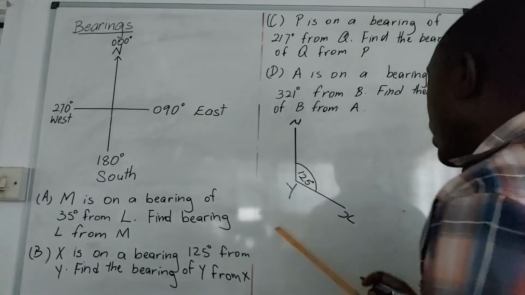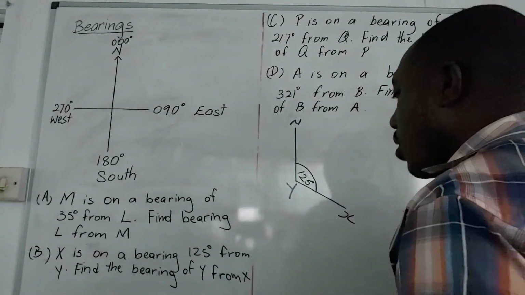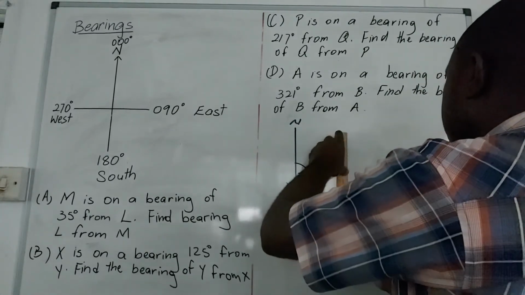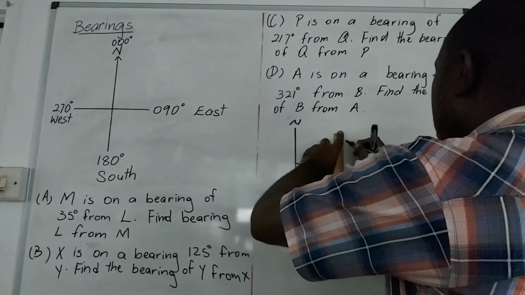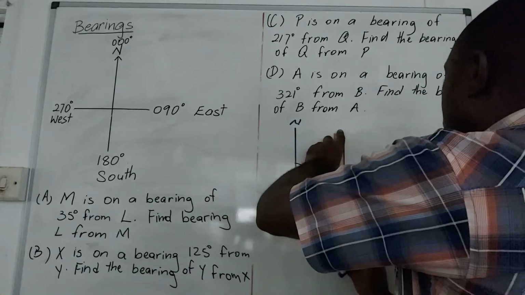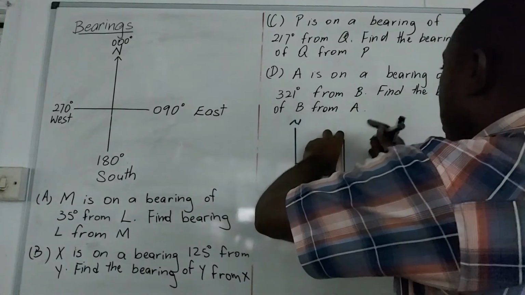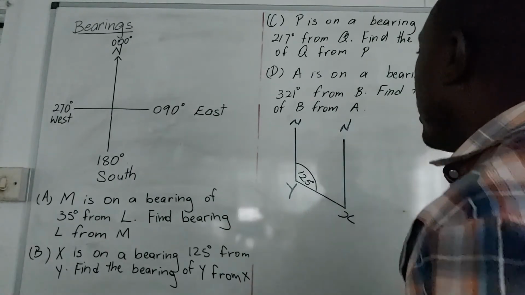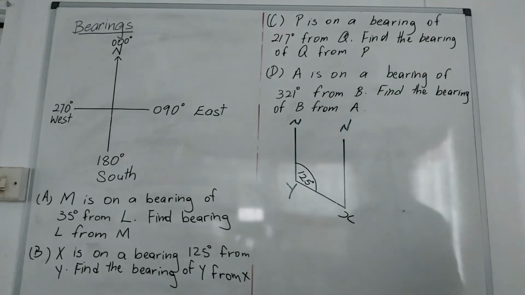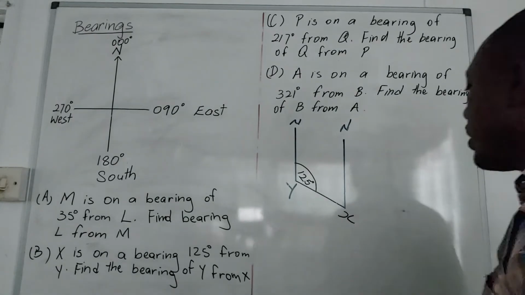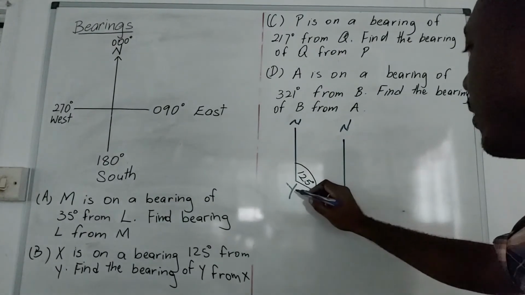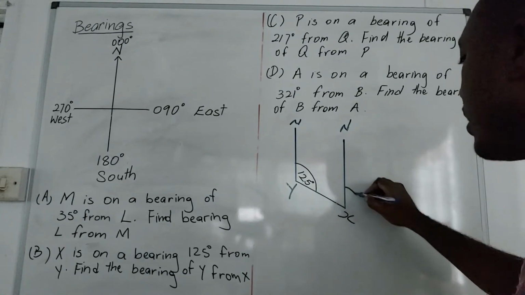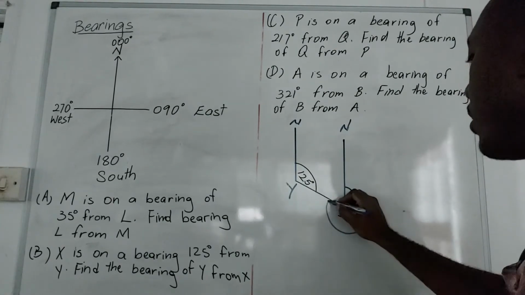So at X, we will draw another north line. North lines are parallel, and we want the bearing of Y from the point X. So what we're trying to find out is our bearing around here.